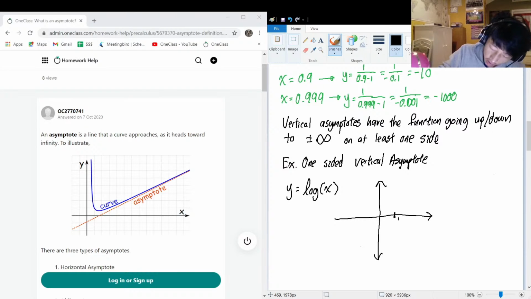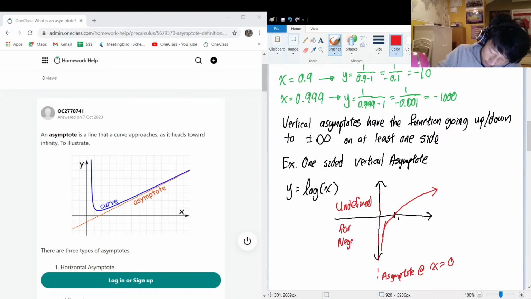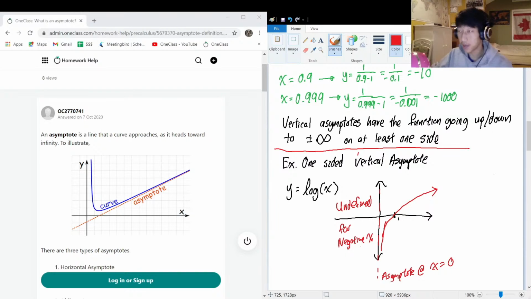Here's going to be 1, and our function is going to look like this. The asymptote is at x equals 0, and it's undefined for negative x.